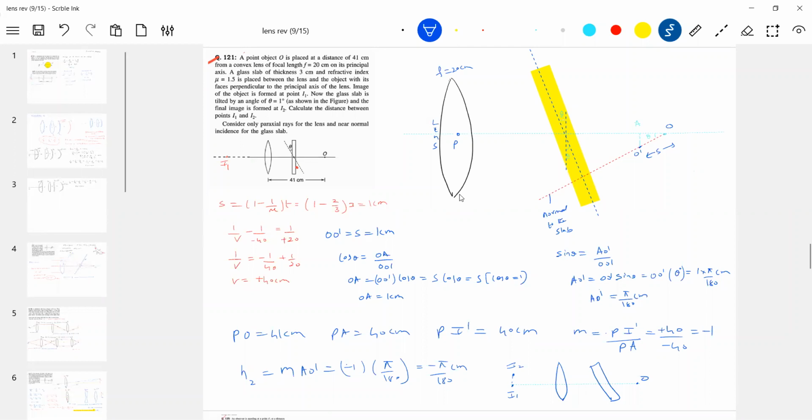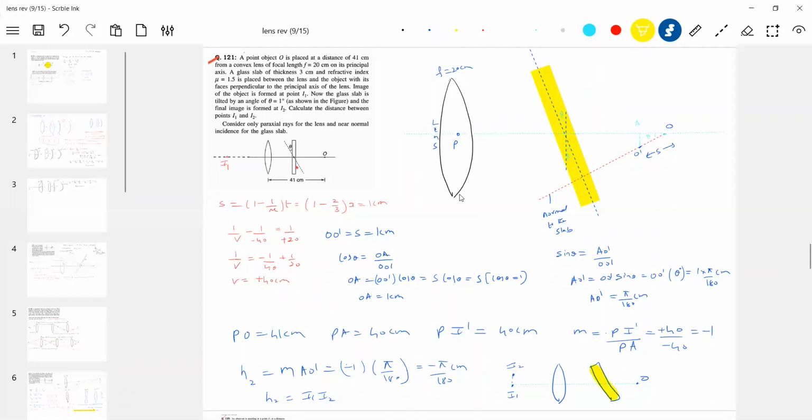If you tilt the slab, the image will go here. So this will be I2. What is H2? H2 should be equal to I1 I2. Please do remember, at least if not numerical, they may test this with more than one option. If the slab is tilted, what conditions will come? That's why I just picked this up. Be alert.